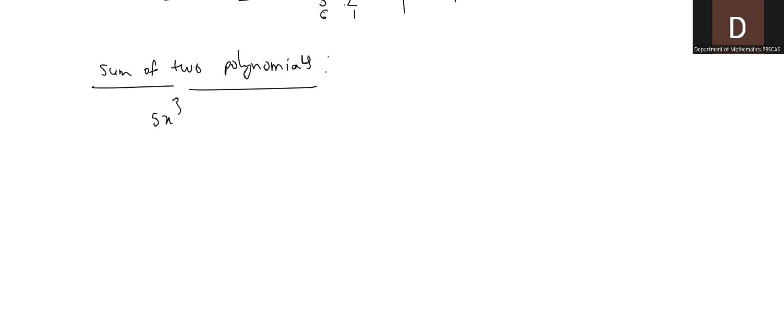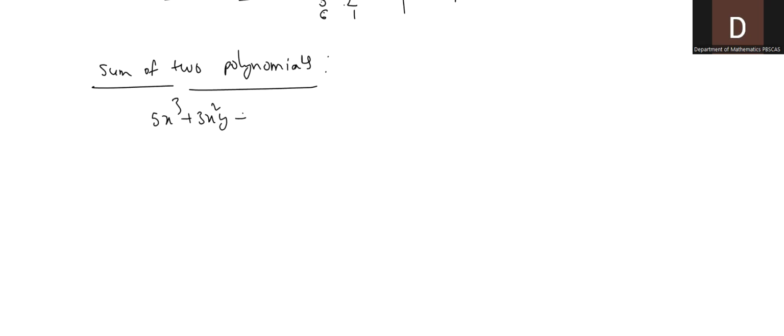And next, first, addition of polynomials. Addition means find the sum of 2 polynomials. Sum means addition. So addition or sum, both are the same. Sum of 2 polynomials. So first given, suppose 5x cube plus 3x square y plus 4xy minus 6y square.